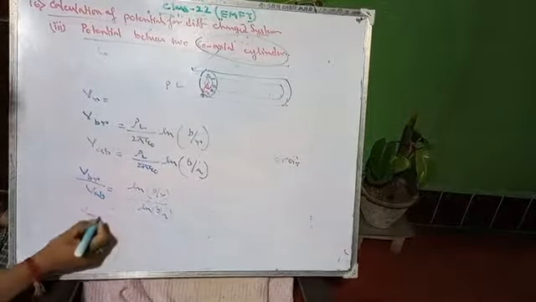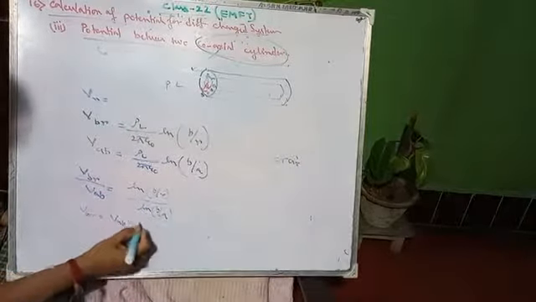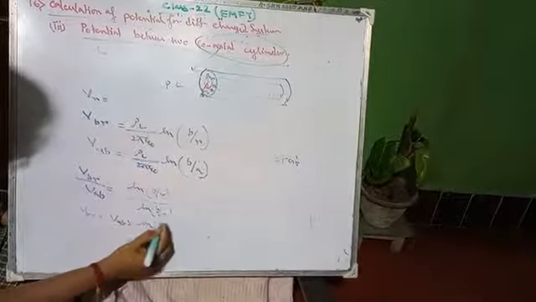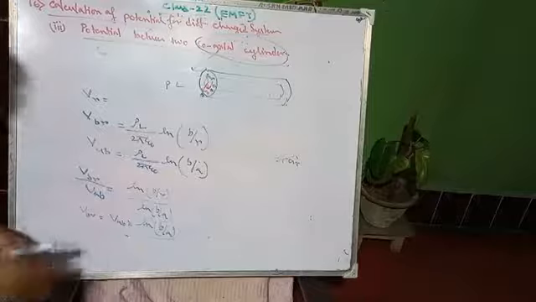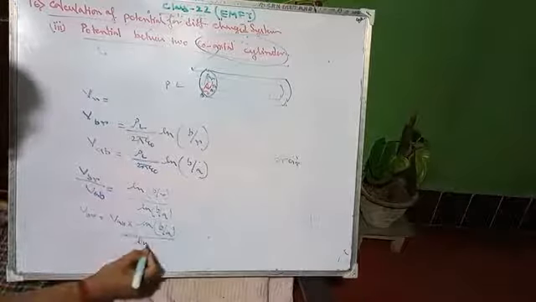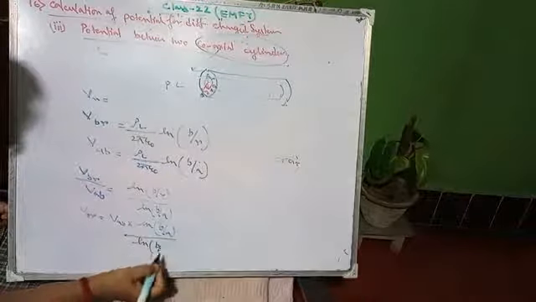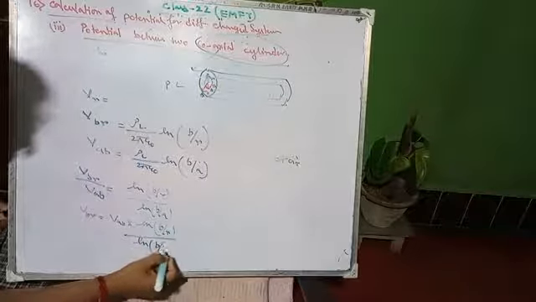So VBR equals VAB into ln B by R divided by ln B by A.